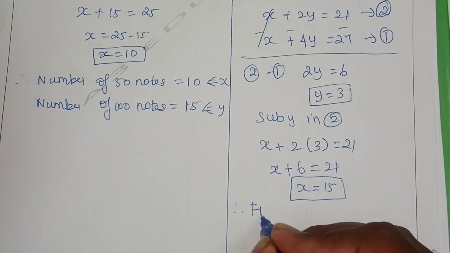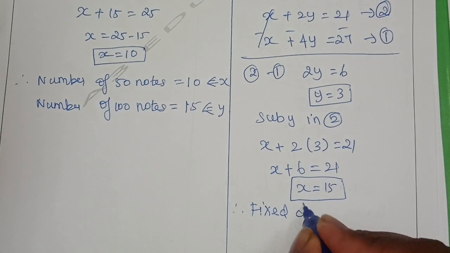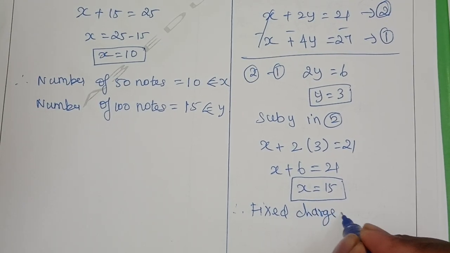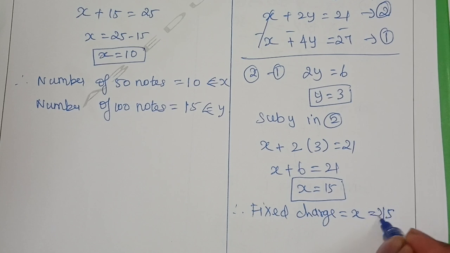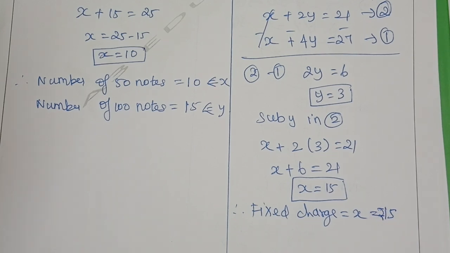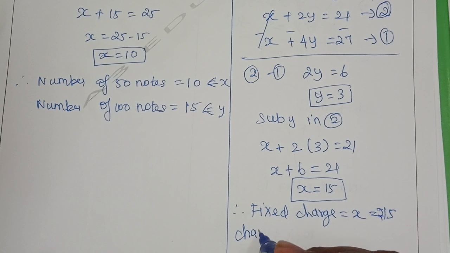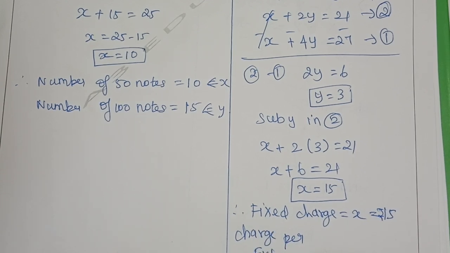Therefore, the fixed charge equal to x is 15 rupees, and the charge per extra day, which is y, is 3 rupees.